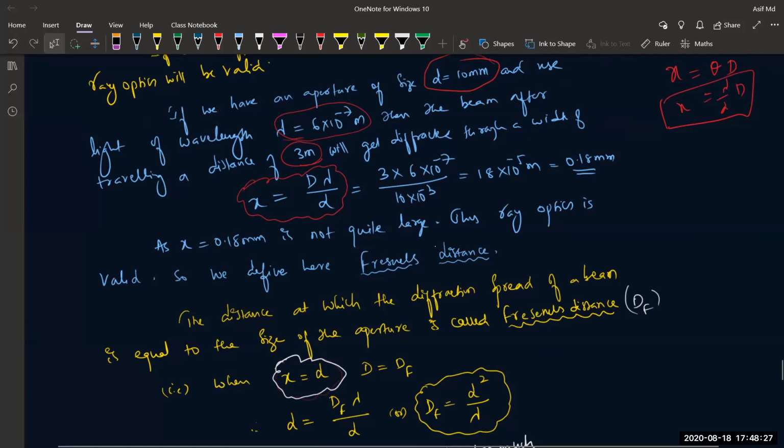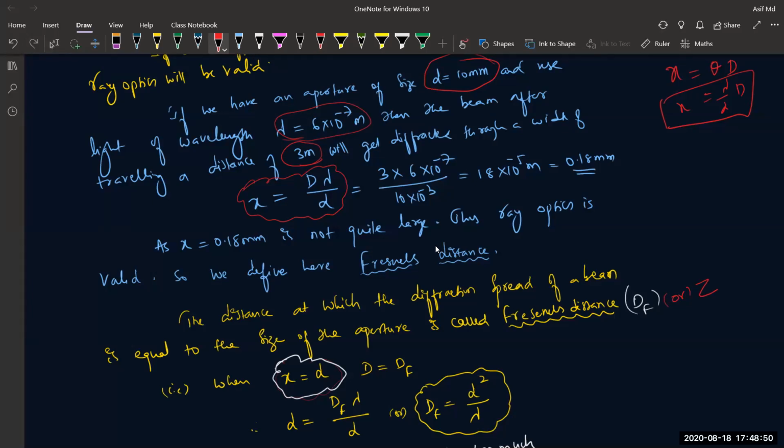The definition I have written: the distance at which the diffraction spread of a beam is equal to the size of the aperture is called the Fresnel distance. That Fresnel distance is represented by dF, or in some books it is also represented by the letter z. There is not much difference in that.